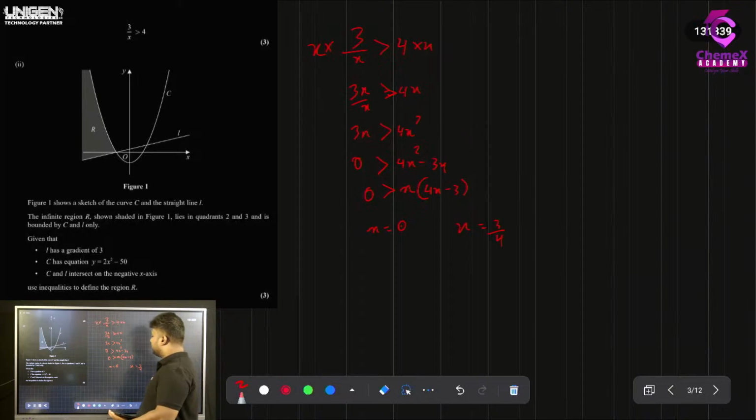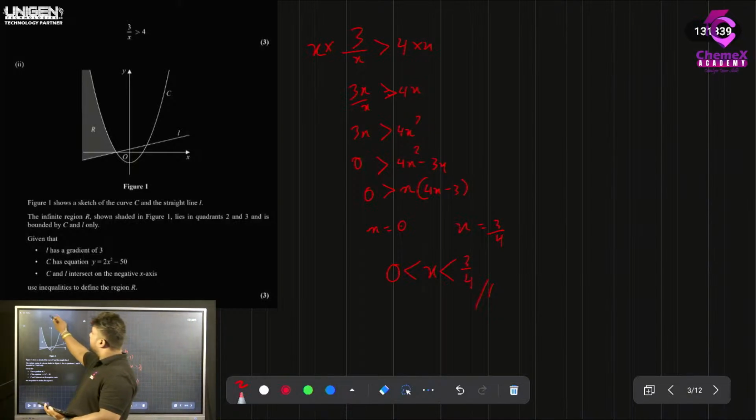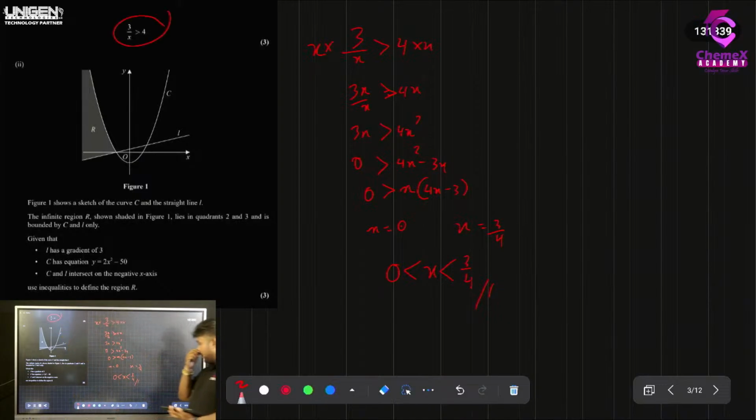So how do you get the limits? x is above 0 and less than 3 over 4. If you do the method the other way, you only get one term. So 0 and 3 over 4, you have to get both. Okay or not? So that's the answer for the A part.